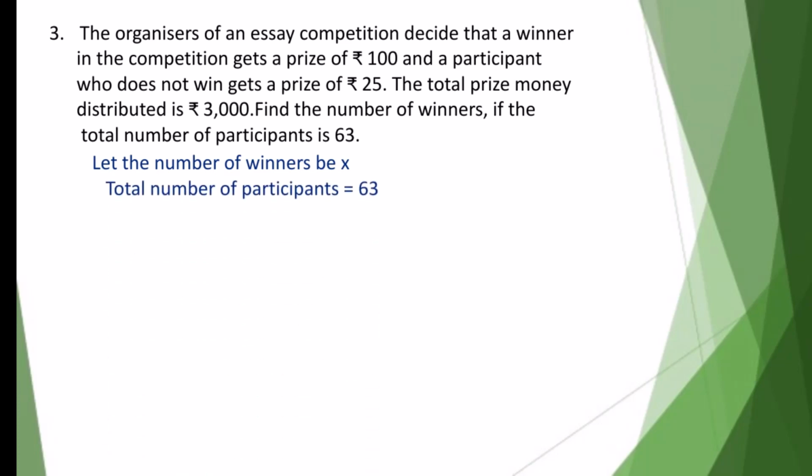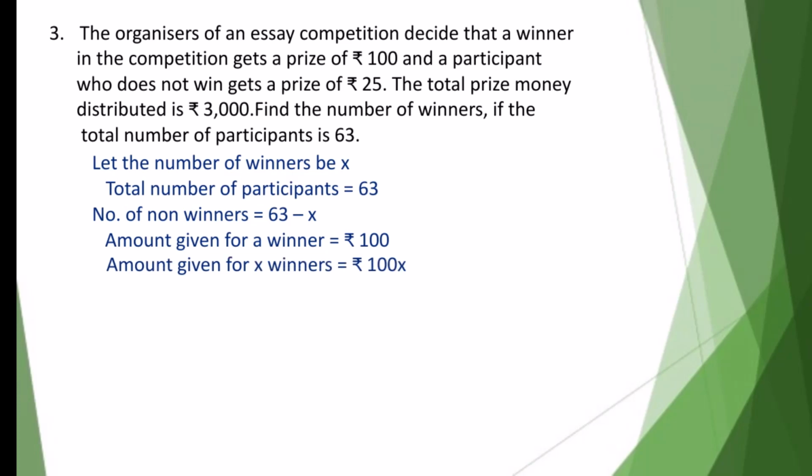The total number of participants is 63. So the number of non-winners is equal to 63 minus x. Now, the amount given for a winner is rupees 100. So the amount given for x winners is rupees 100 into x, that is 100x.